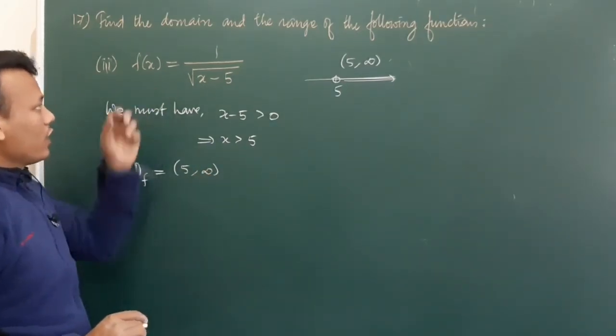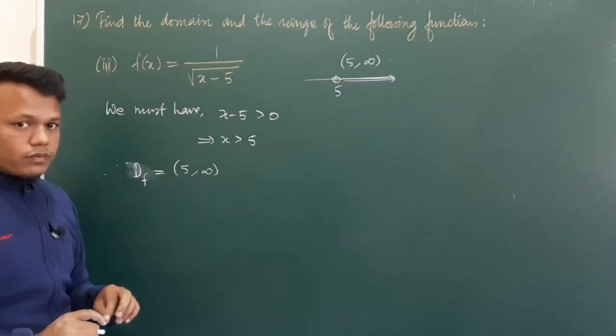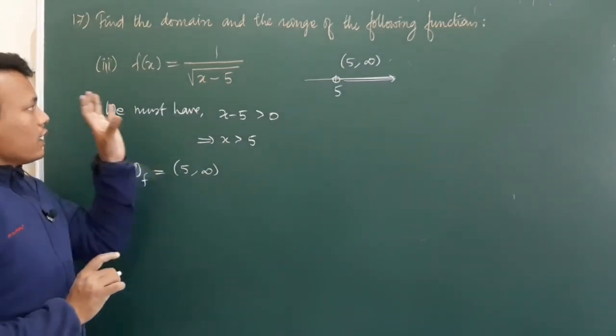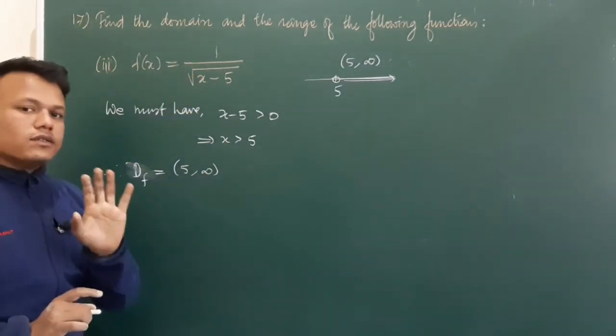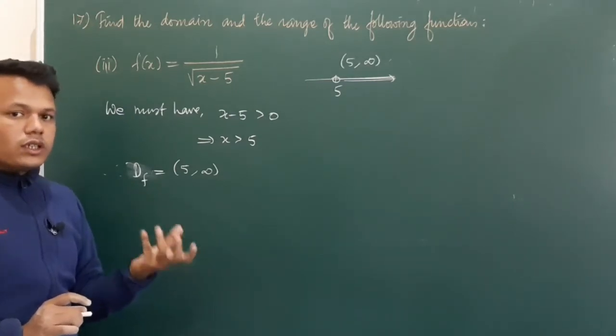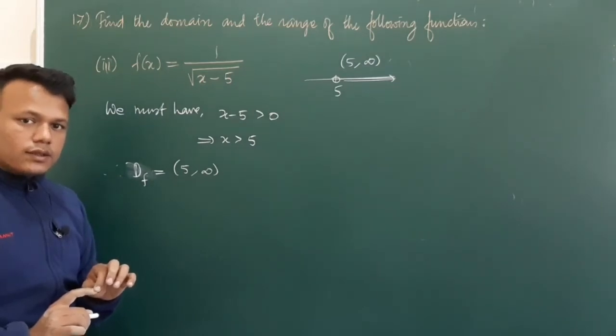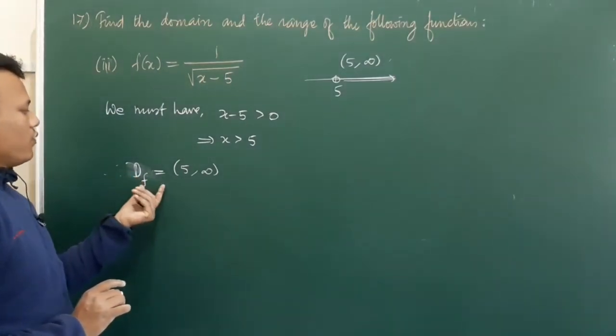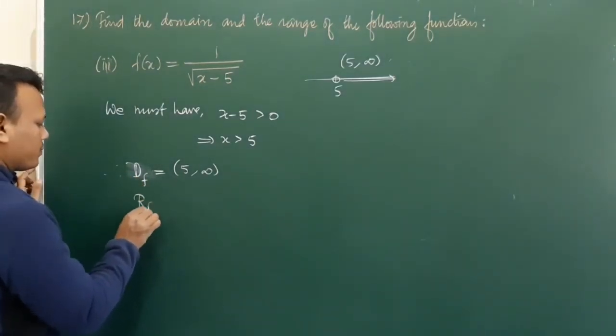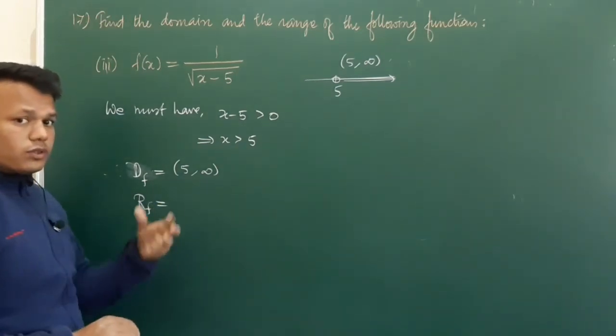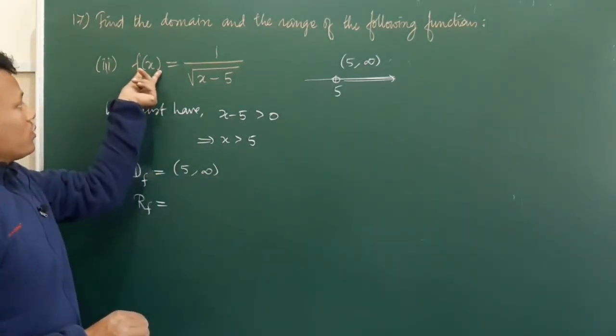Now you need to find the range. Whenever there is a square root sign, it's very easy. What is the meaning of range? Range means all possible values of y, or all possible values of f(x).